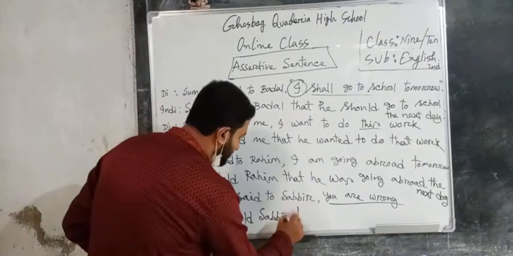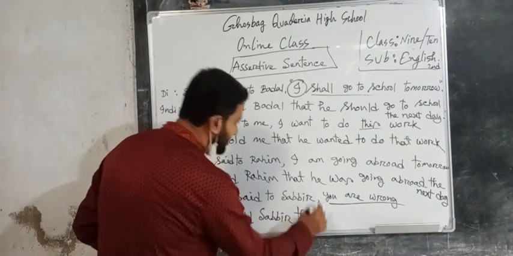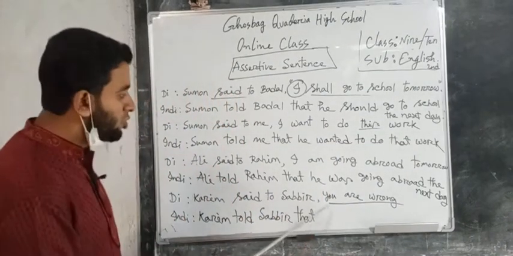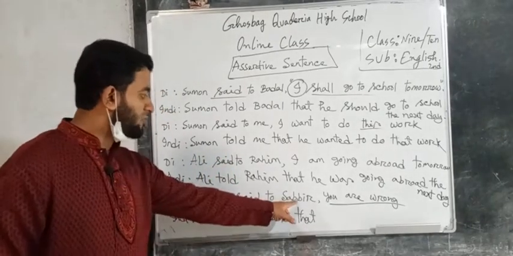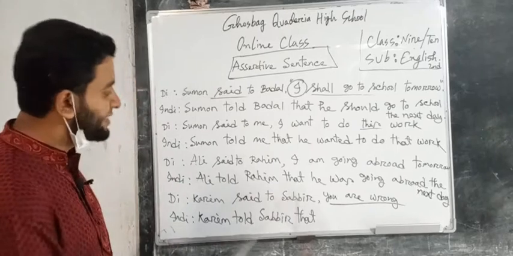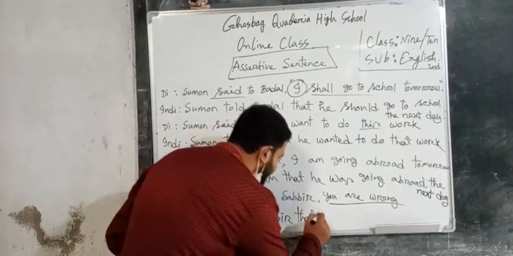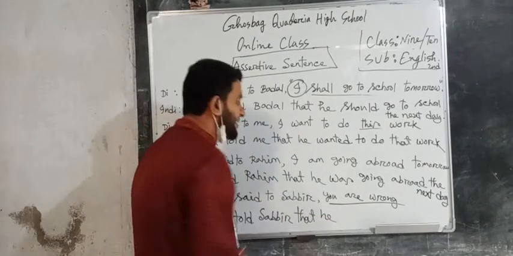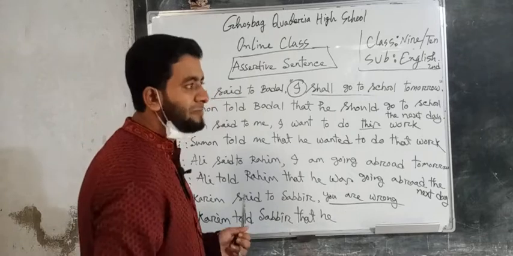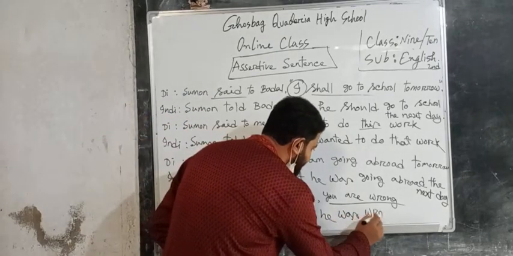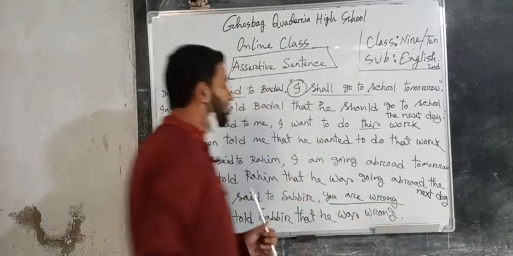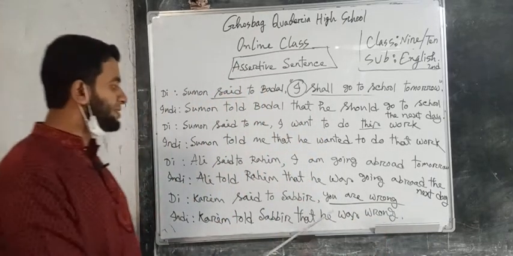And instead of comma, you have to use that. Instead of you, you know you is second person, and you have to change second person with the object of the reporting verb, and there is Sabir. This is also a person, that's why you have to use he. He, and instead of are, you have to use past tense was. He was wrong. So I hope you understand. Karim told Sabir that he was wrong.